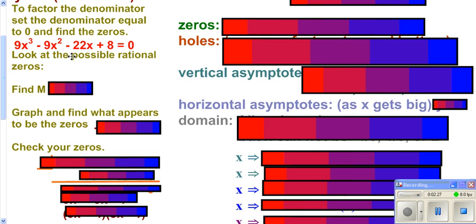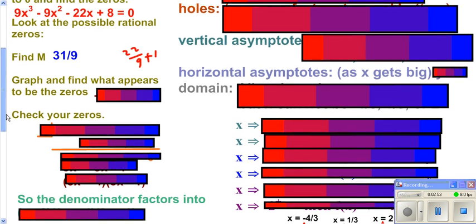You want to find m. Remember that's your largest number you have up here, which in this case is your 22, over your leading coefficient, plus 1. And so then we end up getting m to be 31/9. Then you want to graph it.